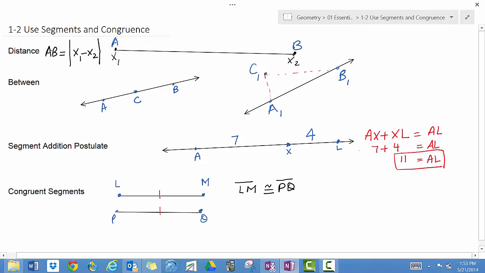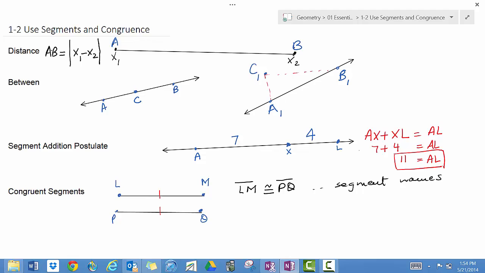Note, the little bar over LM and PQ indicates segment. These are segment names. This statement only indicates that the segments are congruent, meaning they have the same length. However, you do not know how long they are.